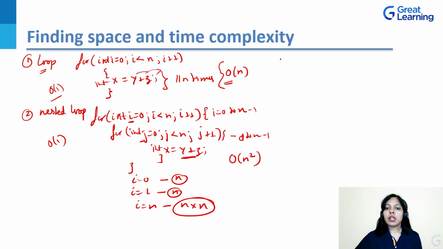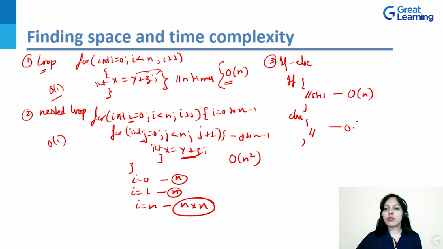Right? Now, coming to the third type of concept, the if-else conditional statement. So it says if, and there is some statement over here. Then it says else, and then some statement over here. Suppose the time complexity of this is O of n, and the time complexity of this is O of n square. Which will be the final time complexity out of this complete if-else?